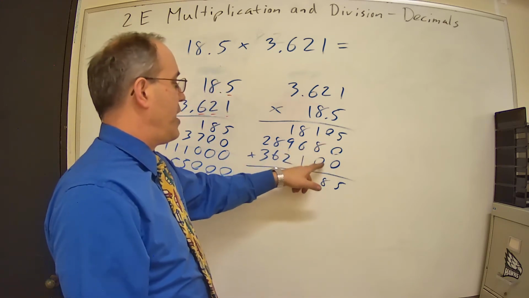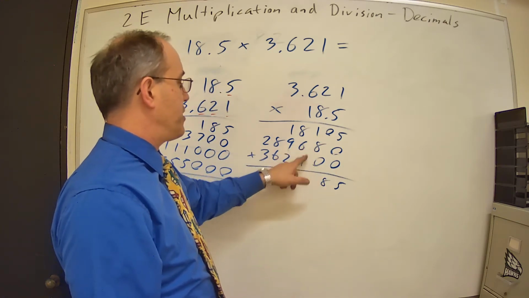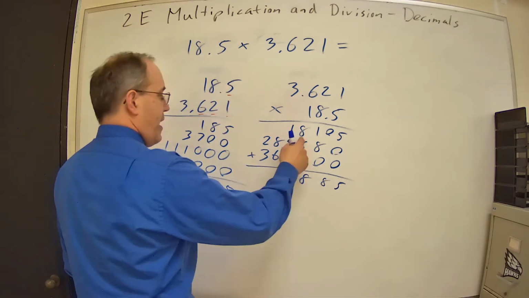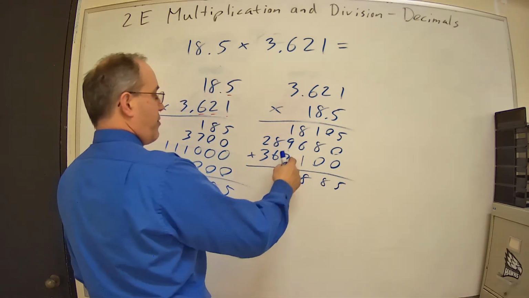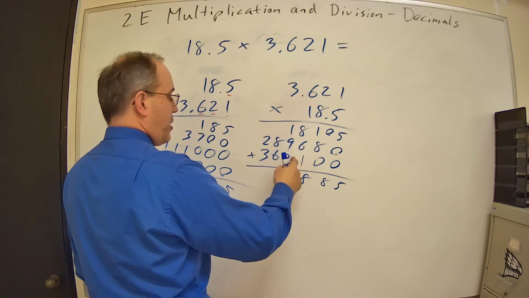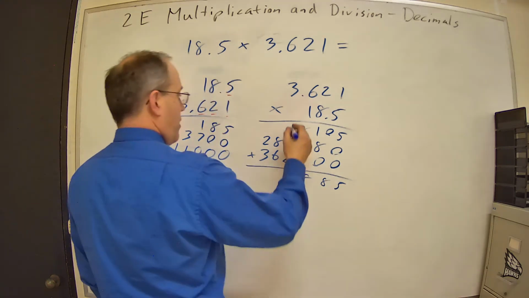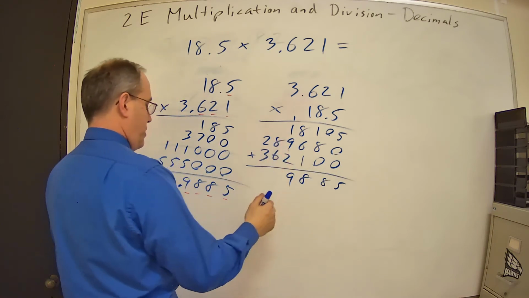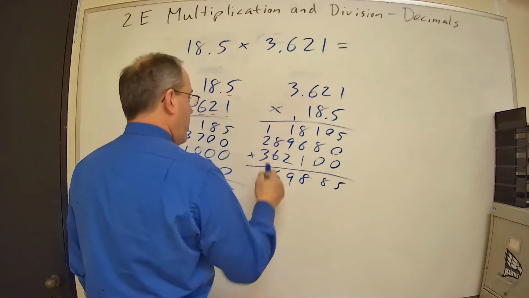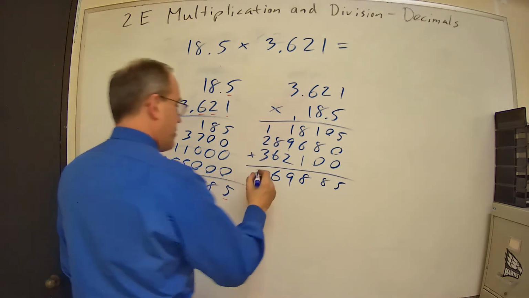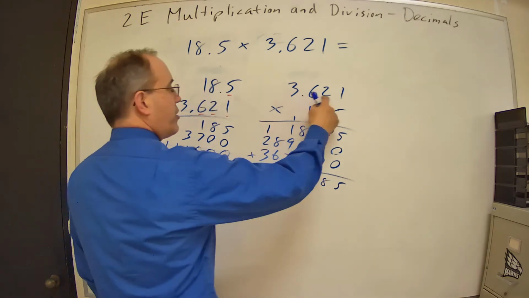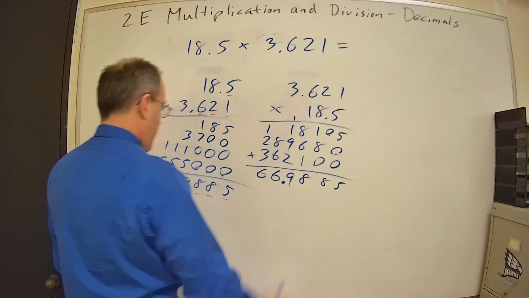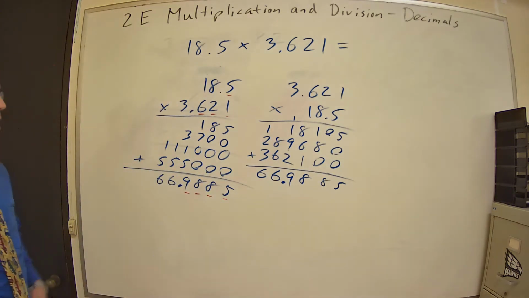We have 0, 8, and 0 gives me 8. 1, 6, and 1 gives me 8. 8, 9, and 2 gives me 8 plus 9 is 17, plus 2 is 19. Carry 1. 1 plus 1 plus 8 is 10, plus 6 is 16. Carry 1. 1 plus 2 plus 3 is 6. And I have 4 decimal places. And I get 66.9885.